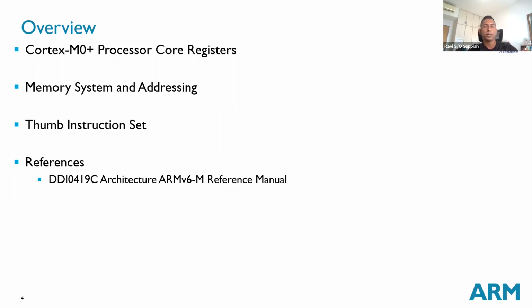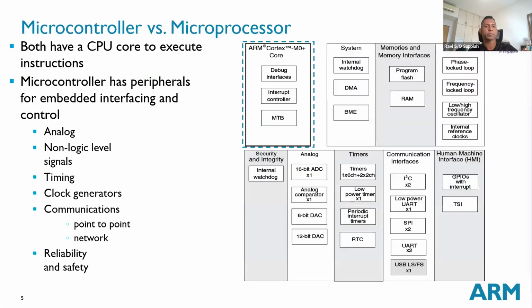In this lecture, we are just going to go through some very basic stuff of the processor. In other modules, you will be learning more in depth about the ARM internal registers and how to do assembly language programming and things like that. That is not covered here, but you will be doing that in some other module. The idea of a microcontroller and microprocessor, I think we have seen before.